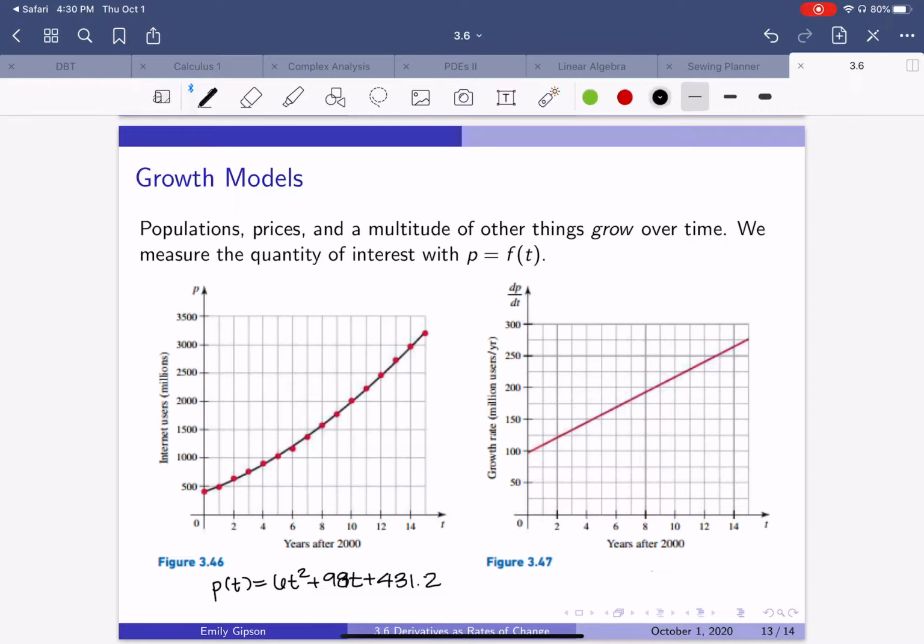So we can expect dP/dt, the growth rate of internet users, so how many more people are joining each day, to be linear.